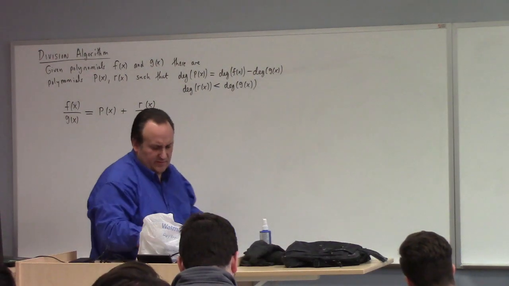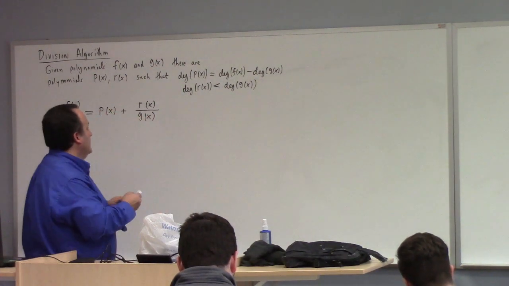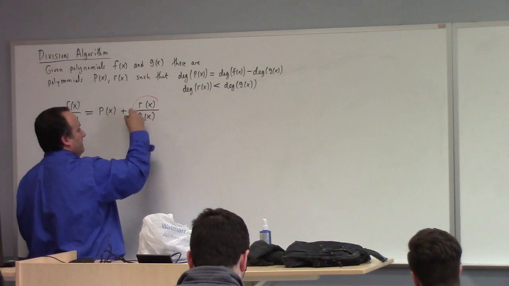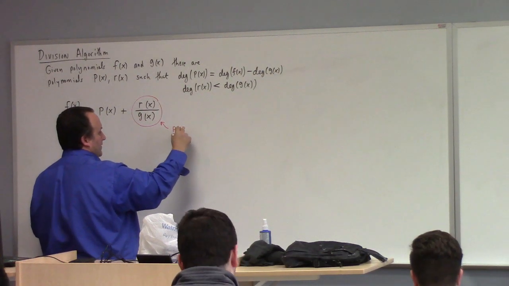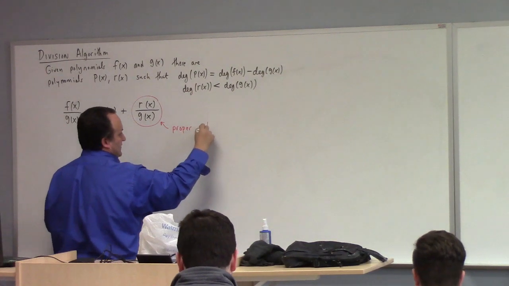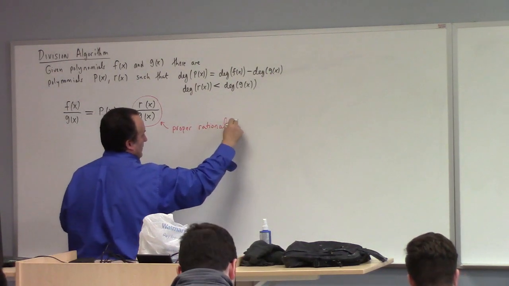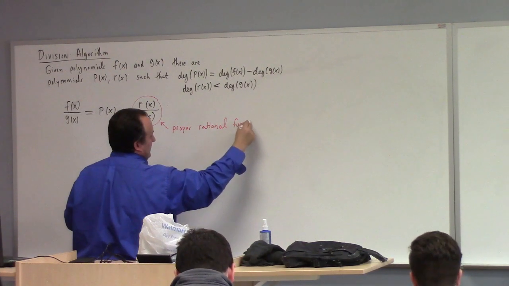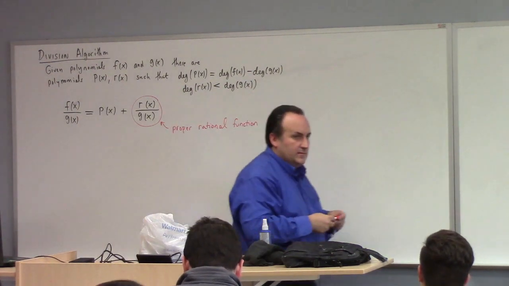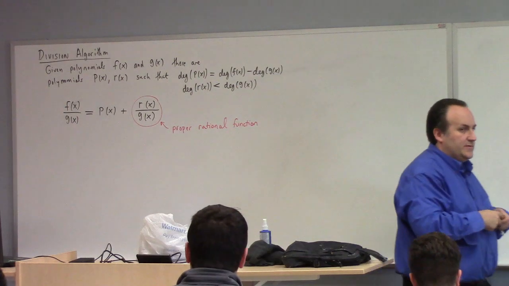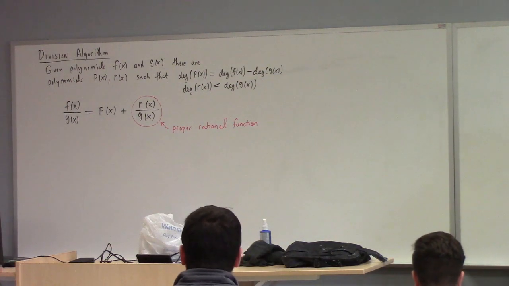And let me just introduce some language for you guys. This kind of thing is what I would call a proper rational function. And by that, I simply mean that the degree of the numerator is strictly smaller than the degree of the denominator. All right?